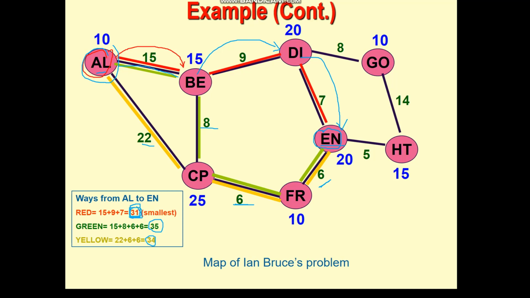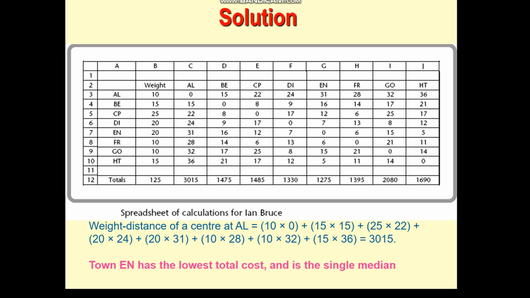So we assume that the distance from AL to EN is 31. In the same way, you can find the distance from AL to FR or AL to BI or BE to GO, for example. So we will have the distance matrix with this.